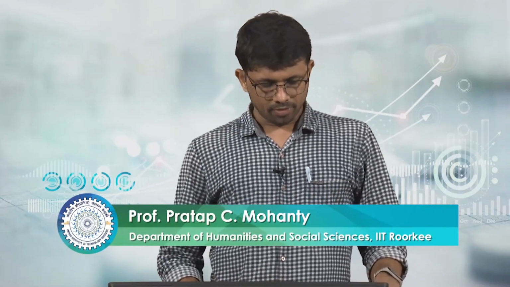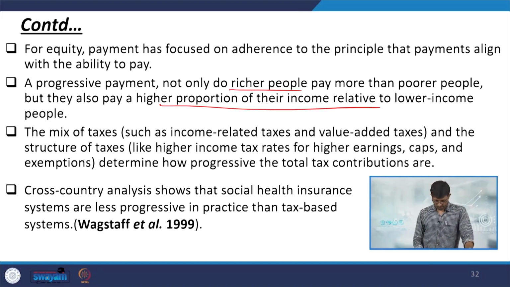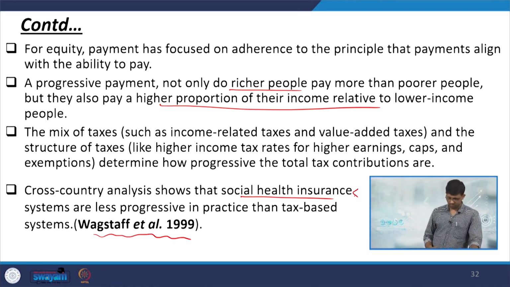So, accordingly we can understand whether the high income category or the low income category is actually contributing more. Cross country analysis shows that social health insurance systems are less progressive in practice than tax based systems. Across countries, Wagstaff et al. derive that social health insurance systems are less progressive than tax based systems.